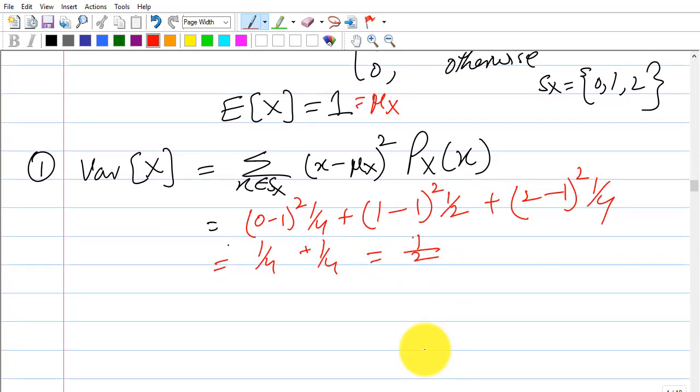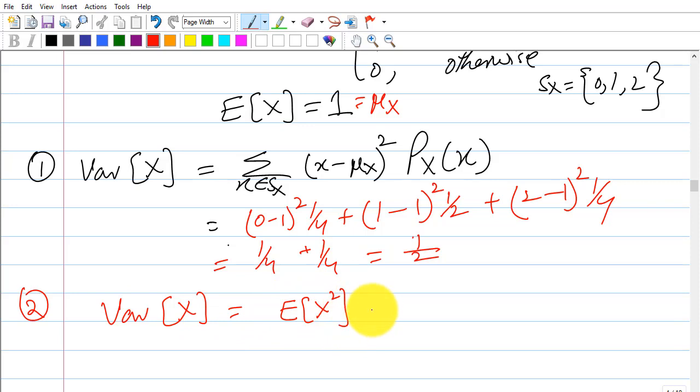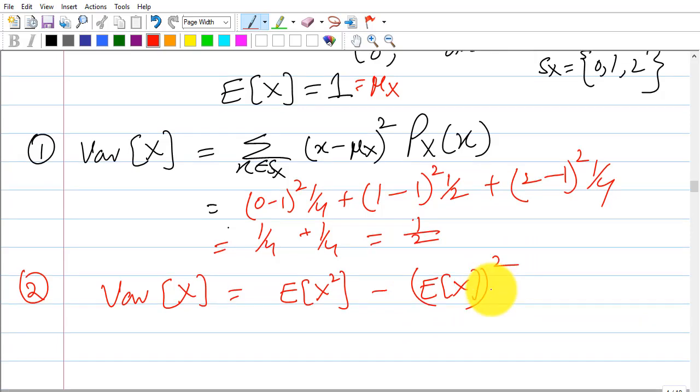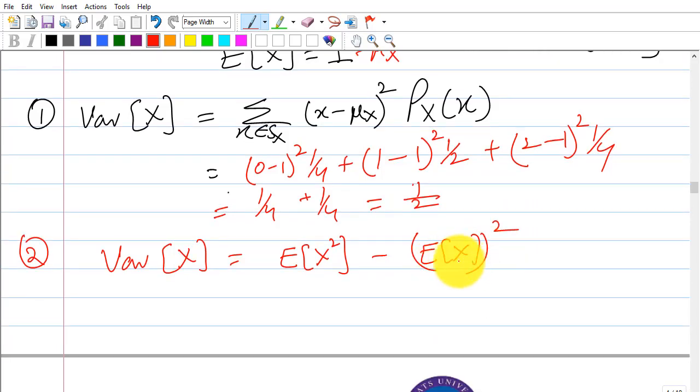Now we can use the other method, in which the variance of x is equal to the second moment minus the square of the first moment. We have the first moment, which is the expected value.